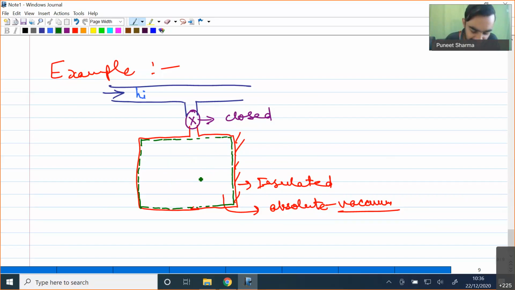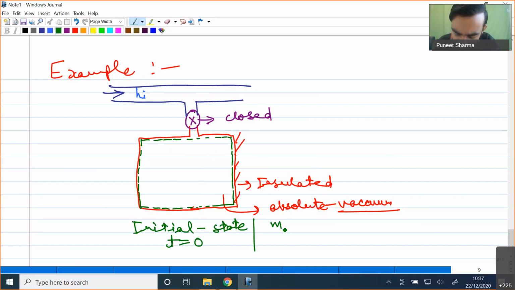So this is my initial state, at time t equal to 0. Corresponding to this initial state, the mass of the system m1 equals 0, because we have absolute vacuum inside. At the same point of time, the energy content of the system E1 is also equal to 0. Okay, so that is what we have initially.